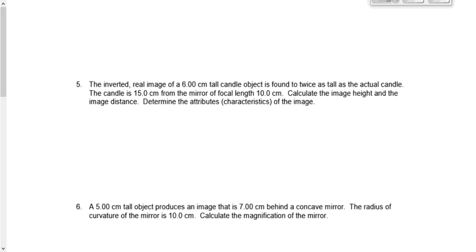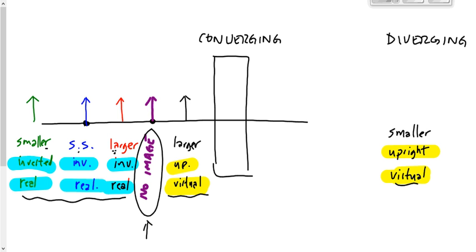It is a real image. A real image can only be formed if it's a converging mirror. Remember, a diverging mirror always produces a virtual image. We got a real image, and a real image means that it's got to be converging.